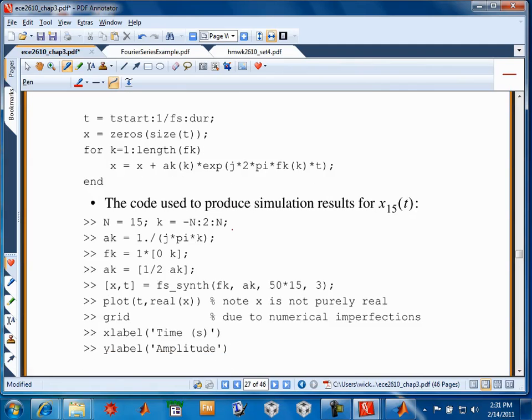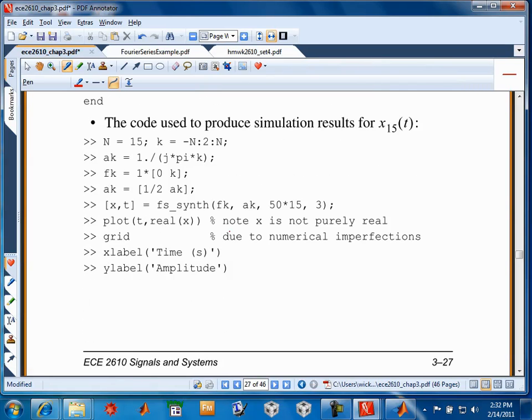Again I loaded that up with the Fourier coefficients from the analysis we just did. I stepped them from minus to plus 15 in steps of 2, which gets me all the odd harmonics. Then I stuffed into that the DC value, entering A0 manually.